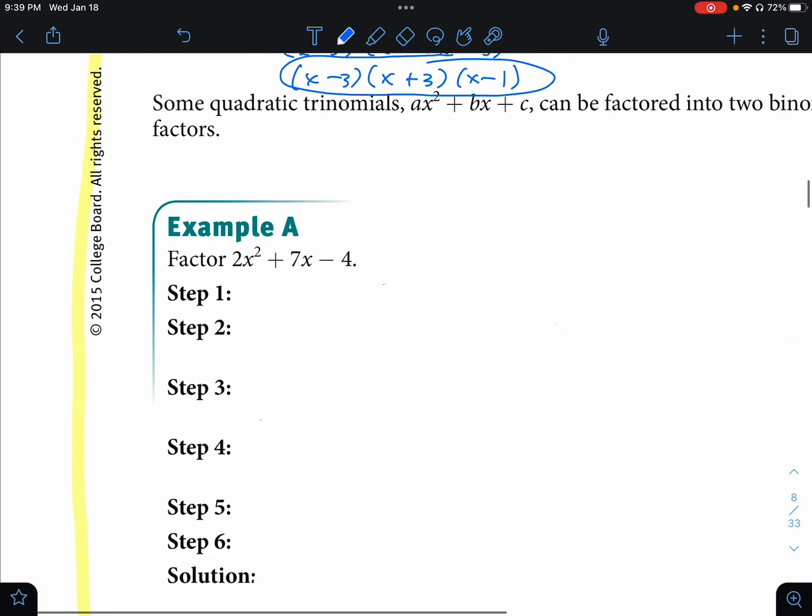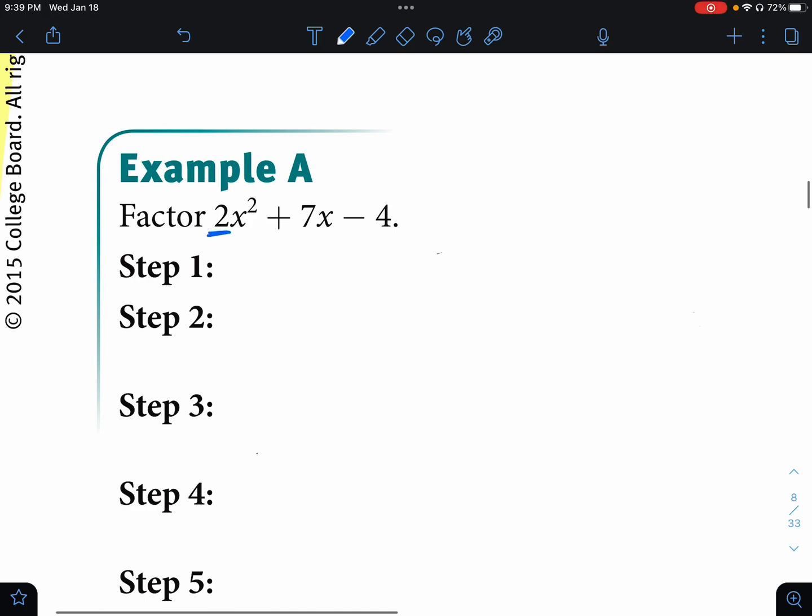So again, I'm going to factor a trinomial. This one does have a leading coefficient, so I can use area model or guess and check. Sometimes guess and check is a little bit easier. We know it's going to be 2 parentheses. We know to get 2x squared, it's going to be 2x times x. And since it's smaller numbers here, 4 is either 1 times 4 or 2 times 2. So I can think through all the different combinations here.